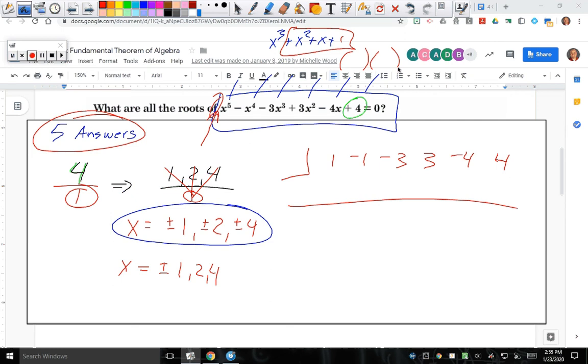Okay, here's your answer. Anything that is x to the 4th and up, or 5 terms or more, then we should try rational root theorem. Okay? Good questions and nice timing too.